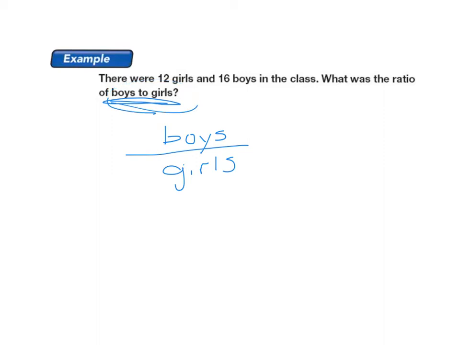So boys to girls, I can go back to the story and I can see that there were 12 girls and there were 16 boys. So then I just need to go ahead and fill it into my ratio. So that means there were 16 boys to 12 girls. And you can see that this is a fraction that could be reduced. So I'm going to find the greatest common factor, and in this case, I think I'm going to use 4.